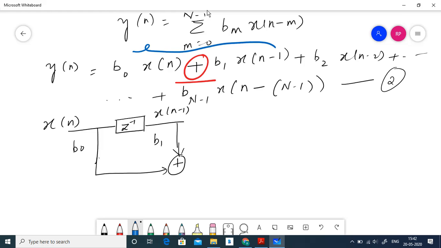Similarly, I'll take up the next term. The next term is b2 into x(n-2). The first thing is how to get x(n-2). x(n-1) is here, so insert one more delay element z^-1, so that here you will get x(n-2).